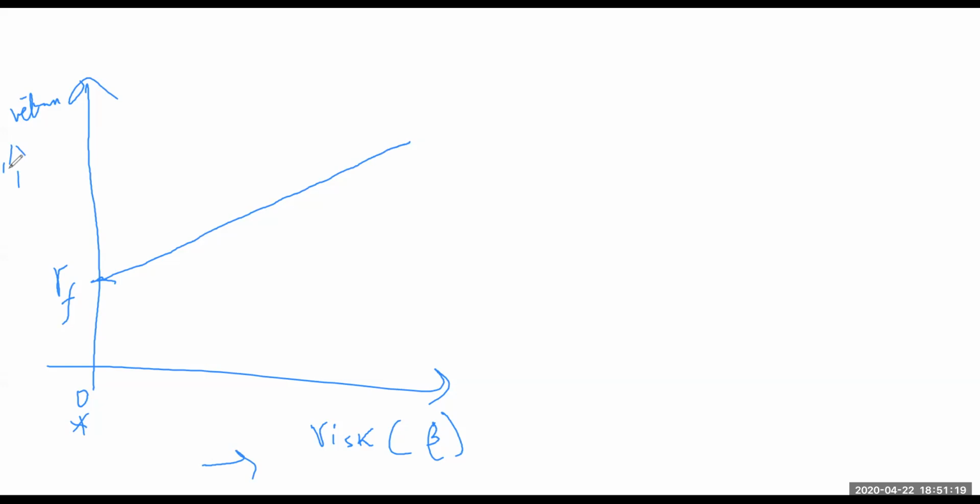Now here, if we are dealing with the market portfolio, the beta of the market portfolio we have just mentioned will be equal to 1. So therefore, this is the market portfolio.